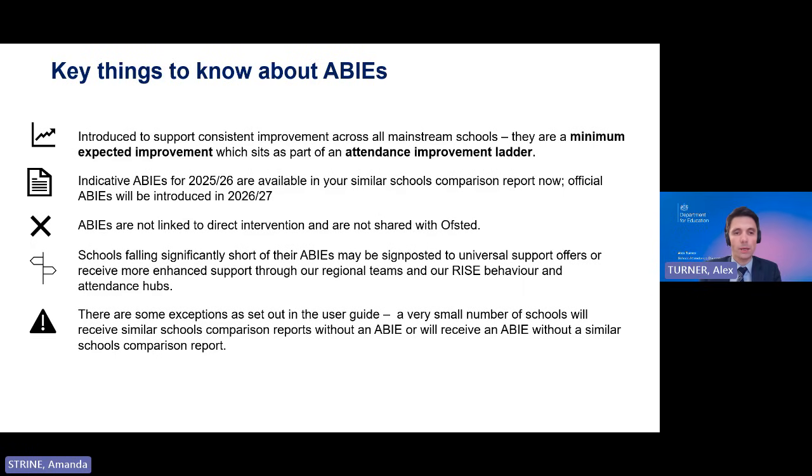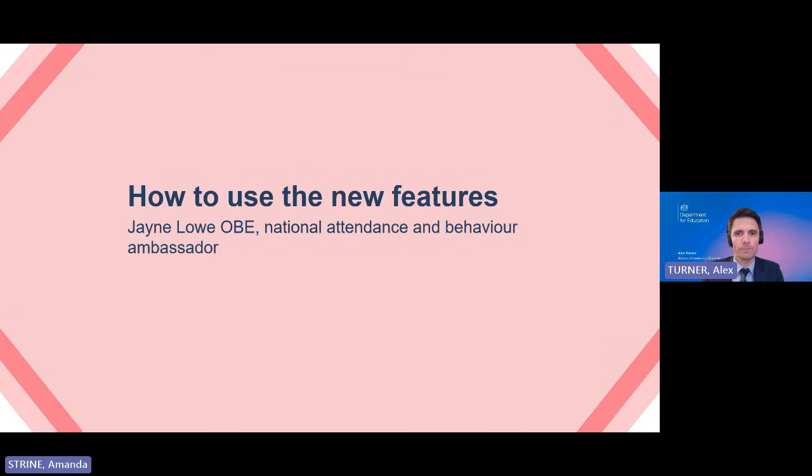And critically, they're part of a ladder of improvement. We want schools to target and realise big improvements using the insights that the reports offer, with these baselines the backstop or floor. We'll now hear from Jayne Lowe, DFE Attendance and Behaviour Ambassador, who will talk you through how you might use the reports in practice.